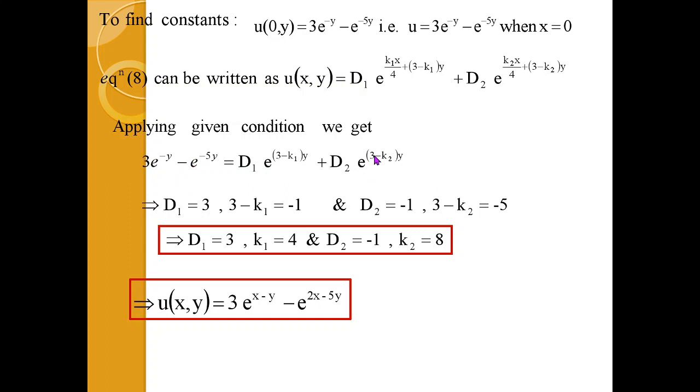Similarly, equating the second term, we get d2 e raised to power 3 minus k2 y equal to minus e raised to power minus 5y. Equating coefficients, we have d2 is equal to minus 1, 3 minus k2 is equal to minus 5.